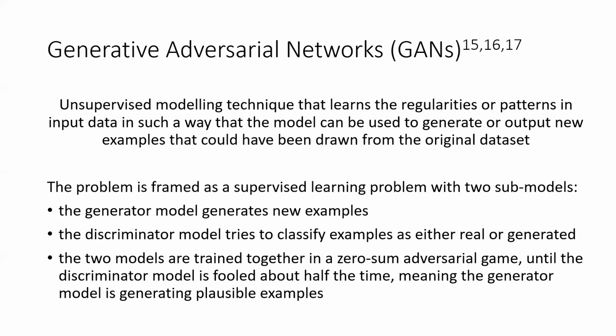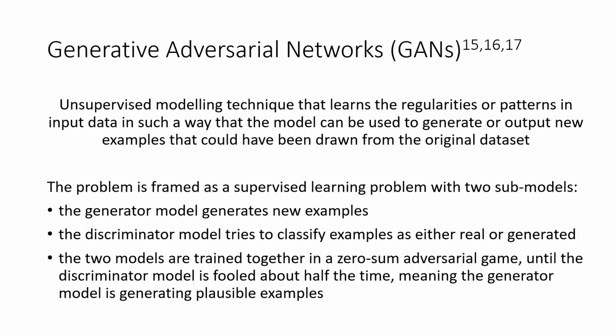And the two models are trained together in a zero-sum adversarial game until the discriminator model is fooled about half the time, meaning that the generator is generating plausible examples.